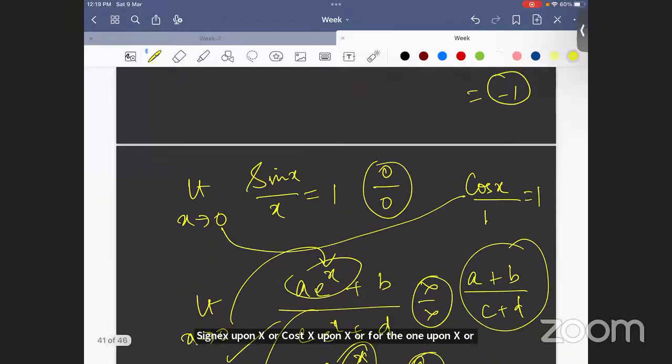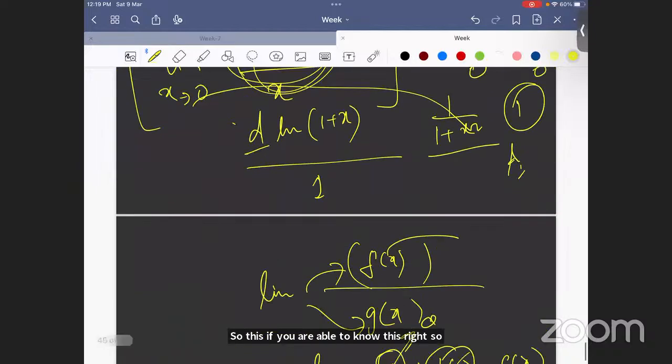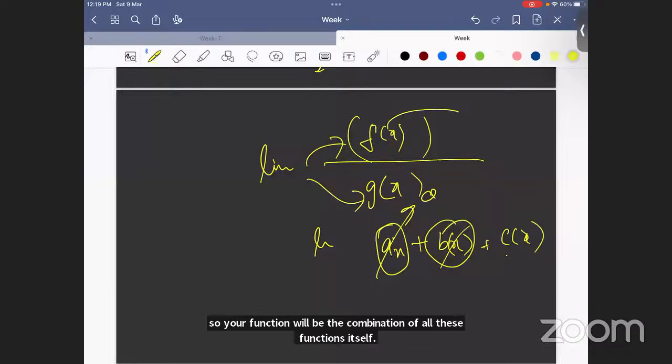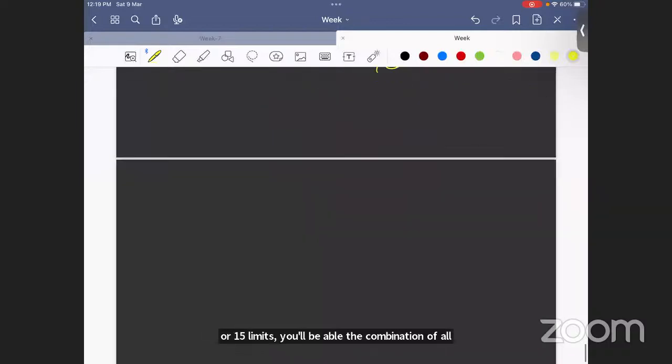If you know these, your function will be a combination of all these functions itself. If you just remember those 10 or 15 limits, you will be able to solve without doing anything. You just have to split those functions, and if you are able to split them, you will be able to solve it.